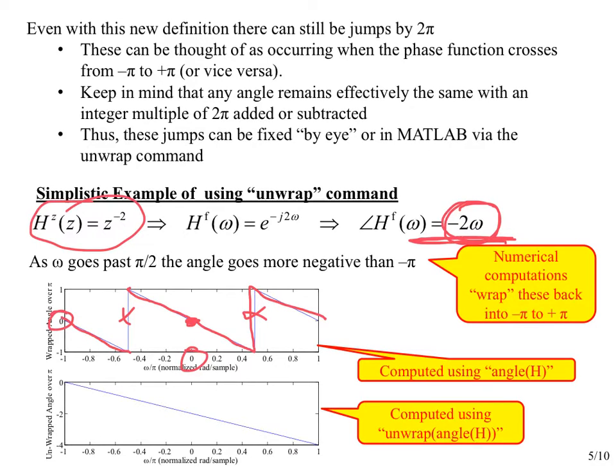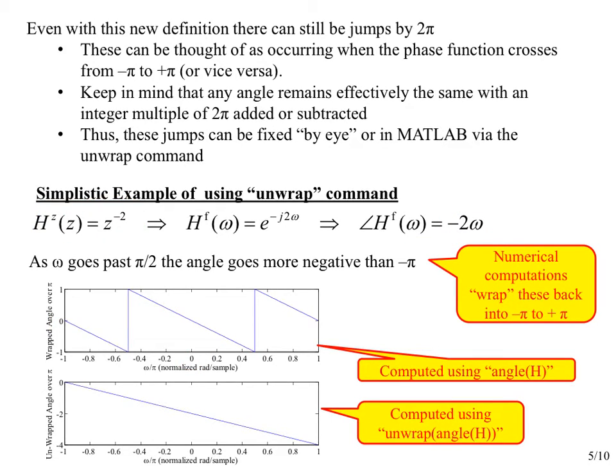So if we look at this, and let me see if I can clear this off here. The real function of this continues on like this, and continues up like that. That's this real function. But when MATLAB computes it, it can't put something down here because that's less than minus pi. Notice that I've normalized.